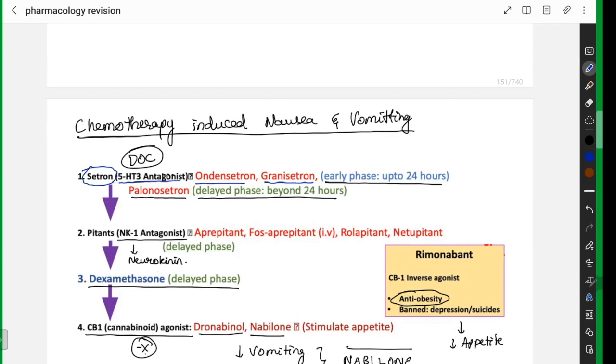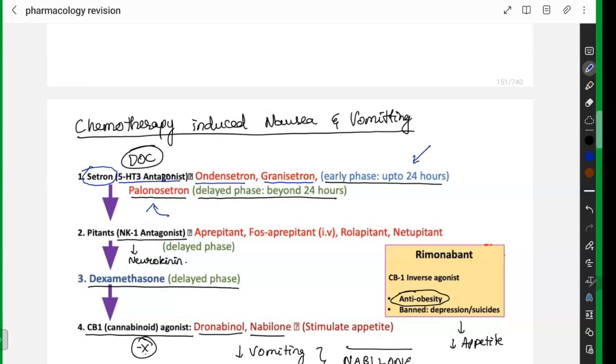They are going to be serotonin antagonists. You can give granisetron and ondansetron up to 24 hours, but palonosetron you give in the delayed phase, that is more than 24 hours. Clear, right?